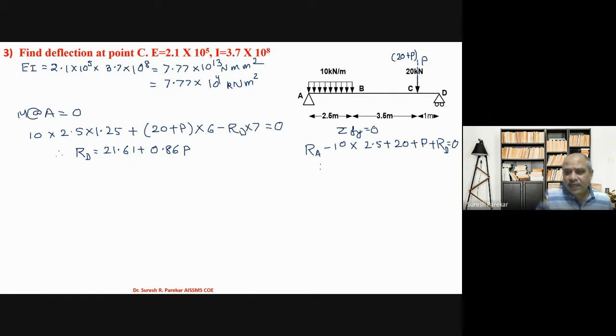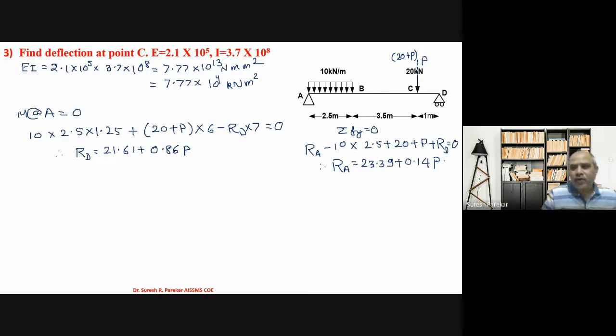And from this we will get RA equal to 23.39 plus 0.14P.